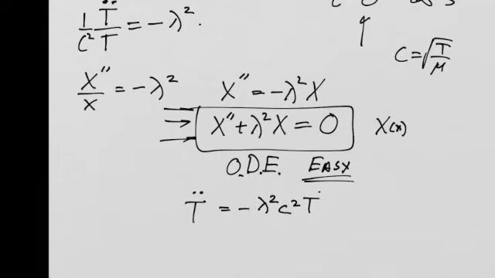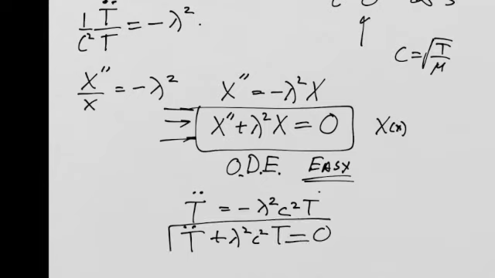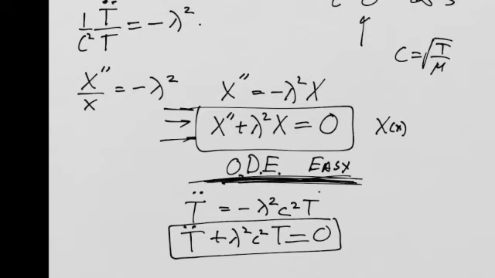For some reason, I thought there might be a denominator involved, but there's none. And then, of course, this becomes simply t double dot plus lambda squared c squared t equals 0. And that is also an easy ODE, which we can solve by inspection.